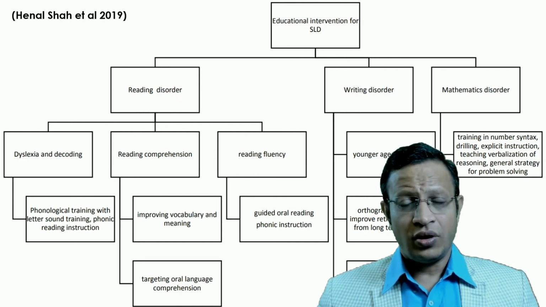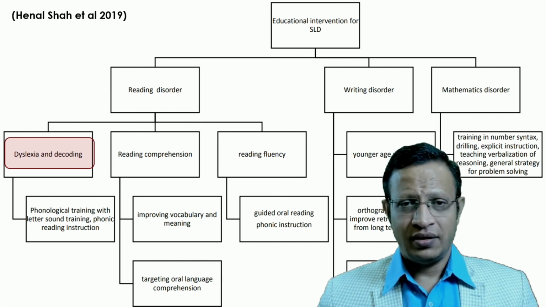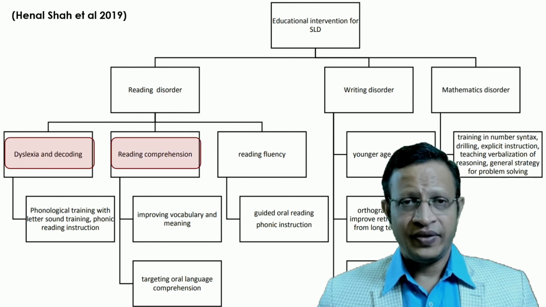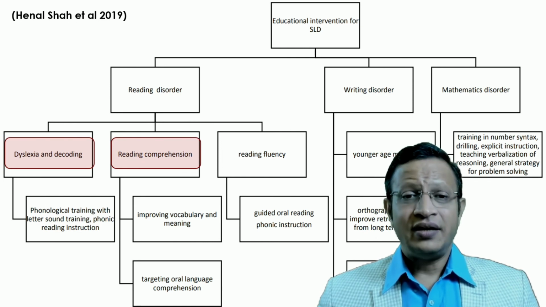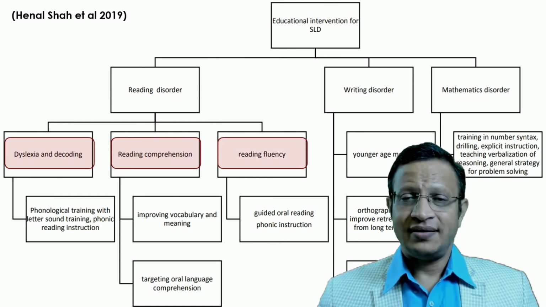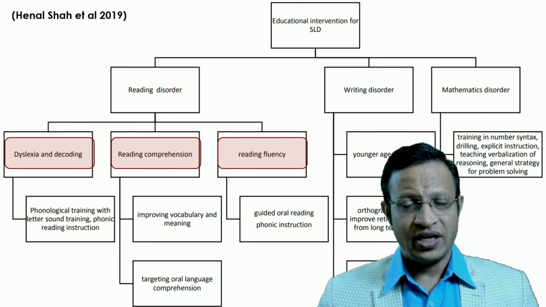Whenever there is a reading disorder and you find there is dyslexia or difficulty in decoding, you'll be doing phonological training with letter sound training, phonic reading instruction. If there is a reading comprehension problem, improving the vocabulary and meaning, targeting oral language comprehension. If the child has a reading fluency problem, guided oral reading and phonic instructions can be done.